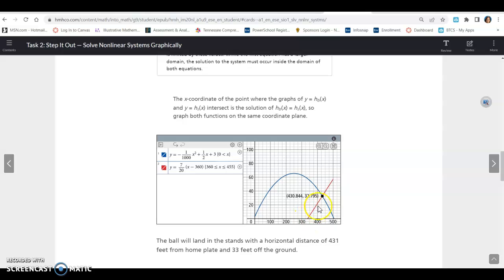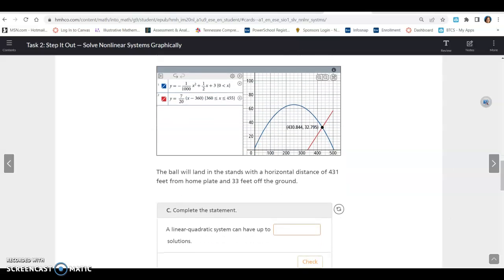So you can see when you look, there is one solution here. Now, if this line continued, it would cross the parabola down here somewhere way down in the negatives, but that would not make sense. For this situation, talking about home run hits, which is a distance, there's only one solution.